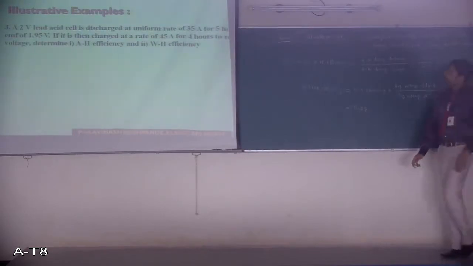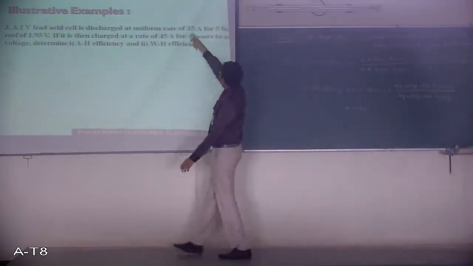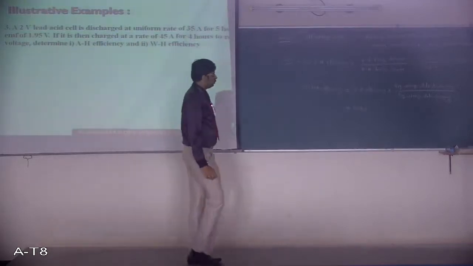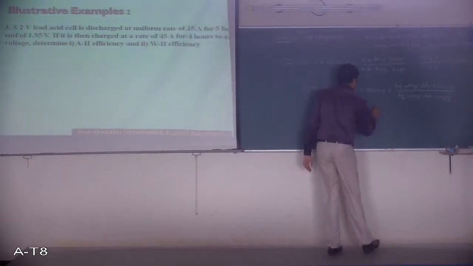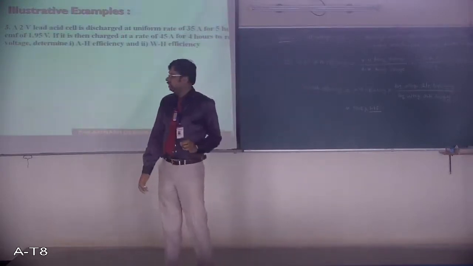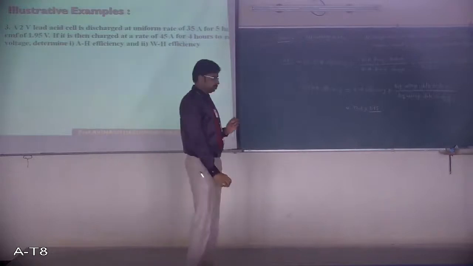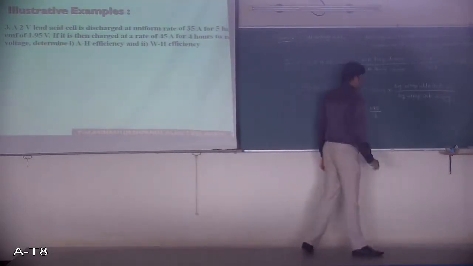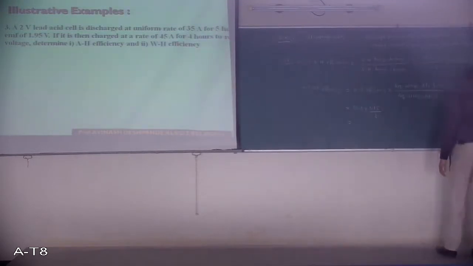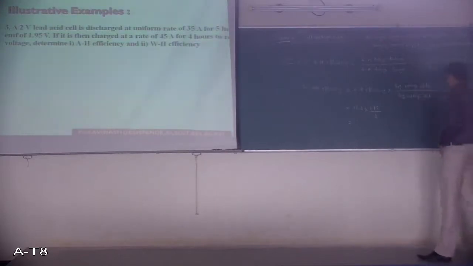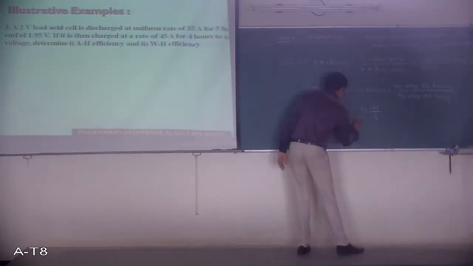When it is discharging, the voltage has come down to 1.95 volts, and naturally you are charging with the rated voltage of the cell. What is the rated voltage of the cell? It is 2. Now if you simplify this, it is around 94.8%. Check it out.